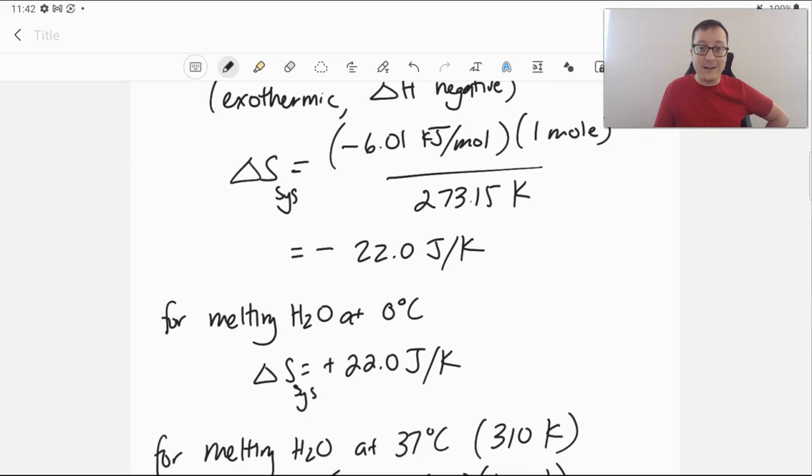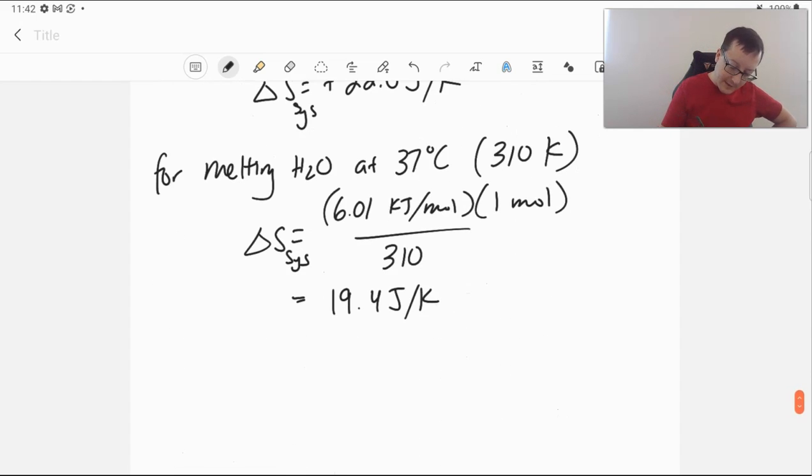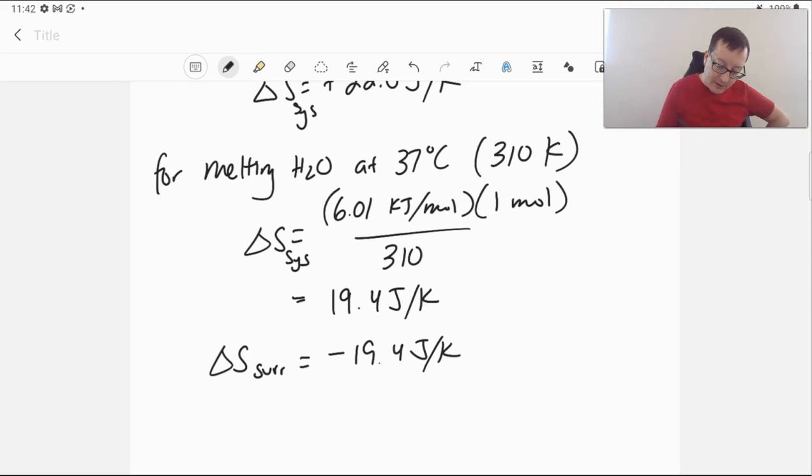So in order for delta S to increase by 22 joules per Kelvin, the corresponding surroundings would lose that. So in this case, our surroundings would be the opposite, negative joules per Kelvin, right? Because the energy is being given off. It's exothermic. So the surroundings are accepting that. They are having a lower value of delta S.